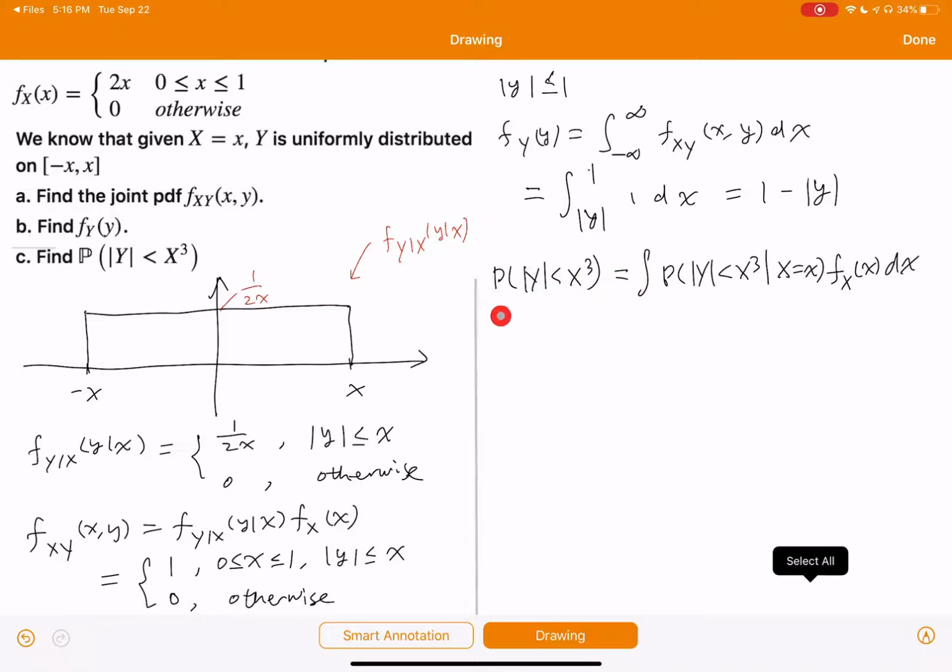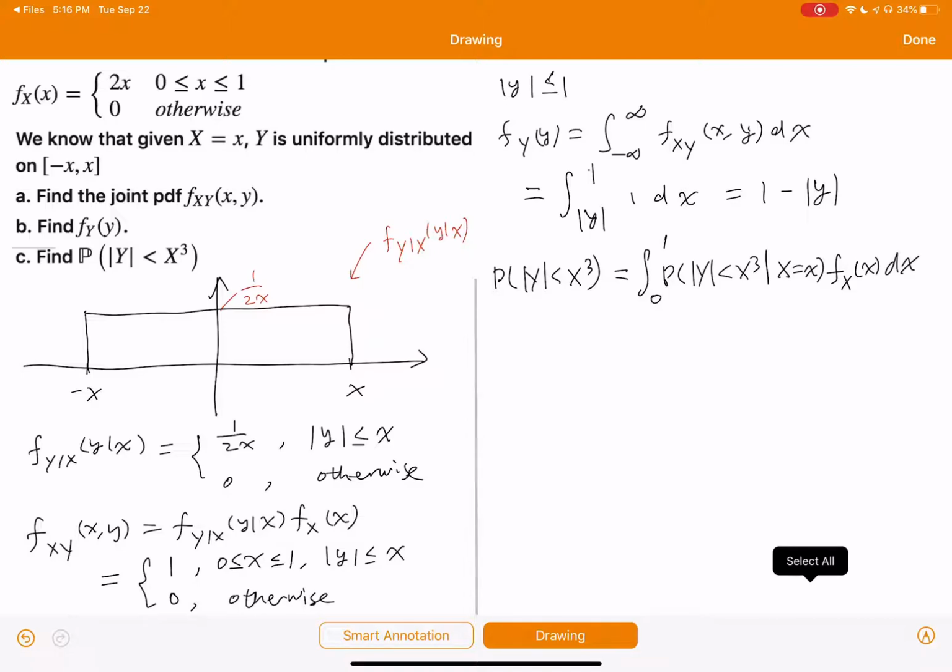So basically, to calculate this probability, we first condition on x equals x. Then we integrate over x. This is also a general way of calculating this kind of probability: you condition on x, then integrate over x. Because x is between 0 and 1, this integral is from 0 to 1.